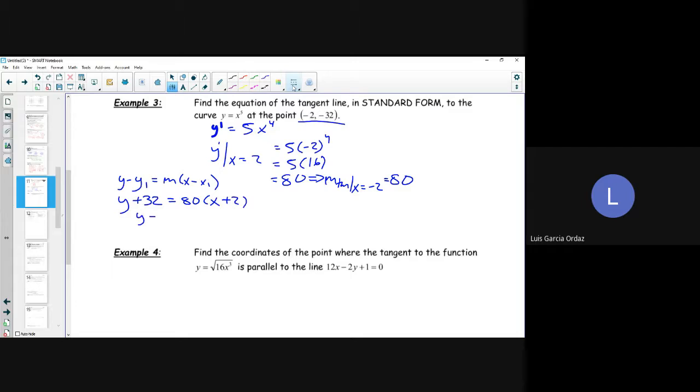So we get y plus 32 is equal to 80x plus 160. I want to move everything to one side, preferably where the x is positive. So I'm going to move everything to the right side. And this is going to give me 0 is equal to 80x minus y plus 128.